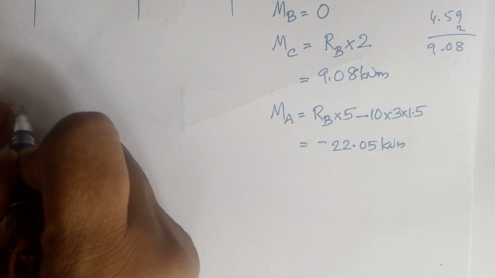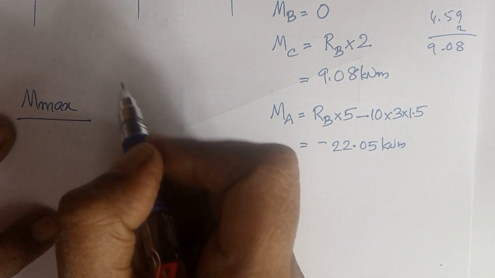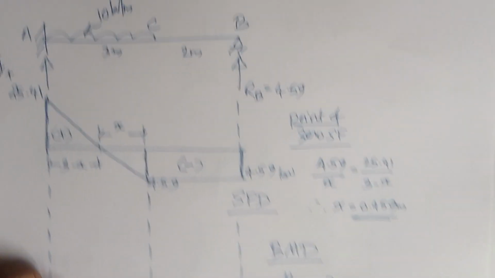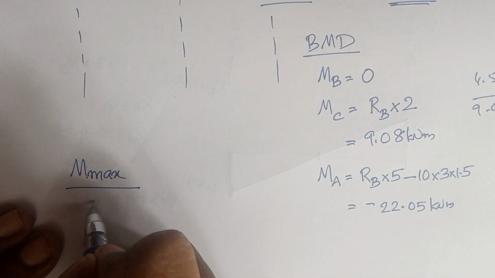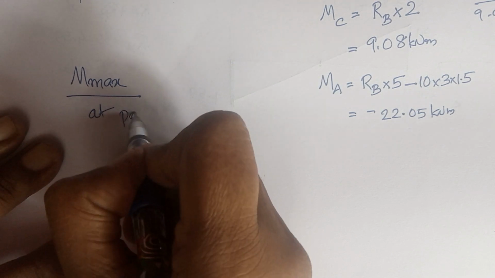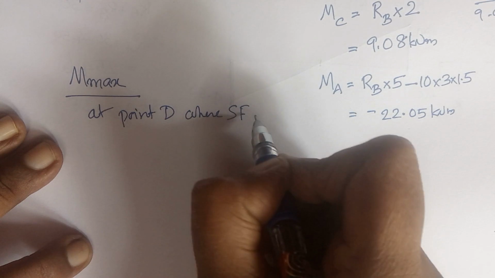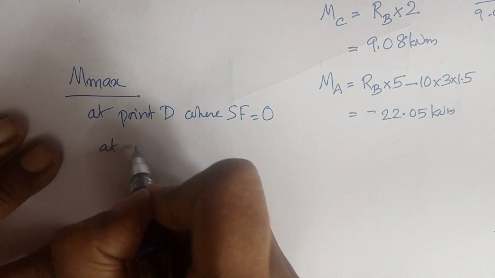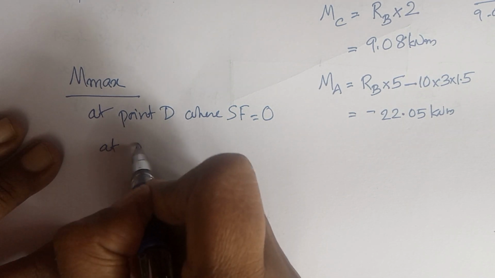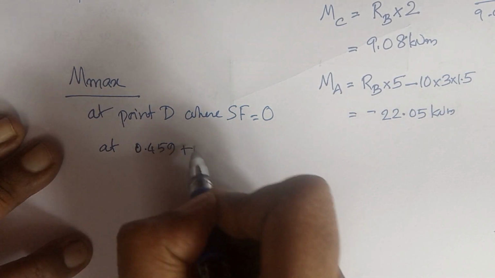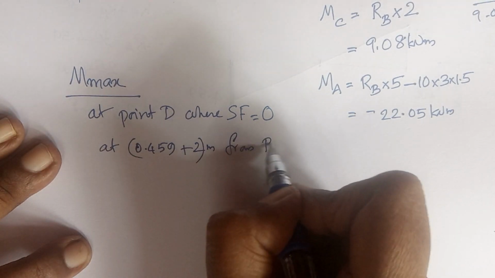Then we have to find the maximum bending moment at this point, say D, where shear force is equal to 0. That is at x equal to 0.459, so 0.459 plus 2 meter from the free end.